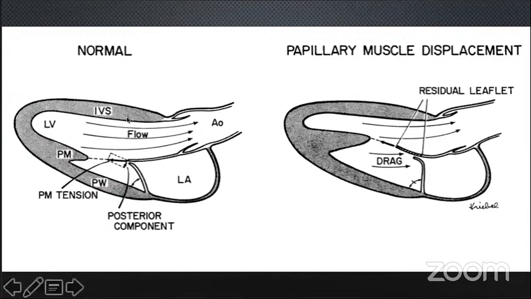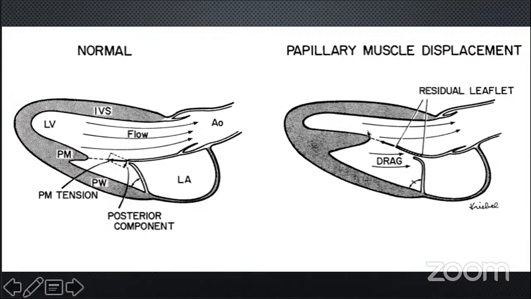Here we can see the normal attachment of the papillary muscle with a small posterior wall of the mitral valve, and how it coapts. If the papillary muscle is attached more anteriorly anatomically, then there is a proposed phenomenon of a dragging force, first because of the deviation of the insertion site anteriorly, and second because the area of the posterior wall gets bigger.